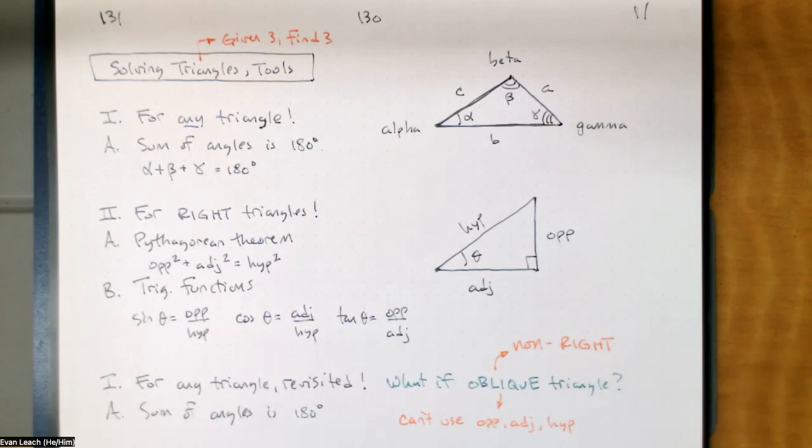We are going to refer to sides as adjacent sides and sides opposite an angle, but we can't use the opposite adjacent hypotenuse stuff. We can't use the Pythagorean theorem, and we can't use sine of theta is opposite over hypotenuse because there won't be a hypotenuse in an oblique triangle.